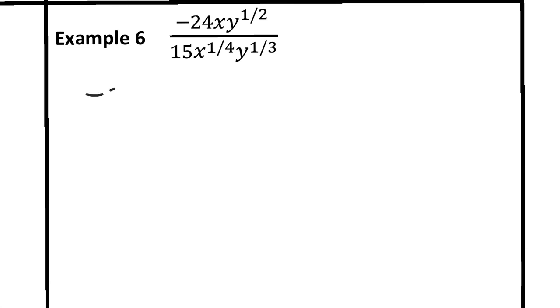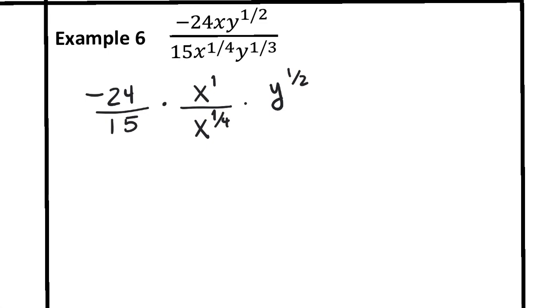So we're going to group negative 24 divided by 15 times x to the power of 1 divided by x to the power of 1/4 times the y's, y to the power of 1/2 divided by y to the power of 1/3. So kind of separating everything so we can see what's going on.